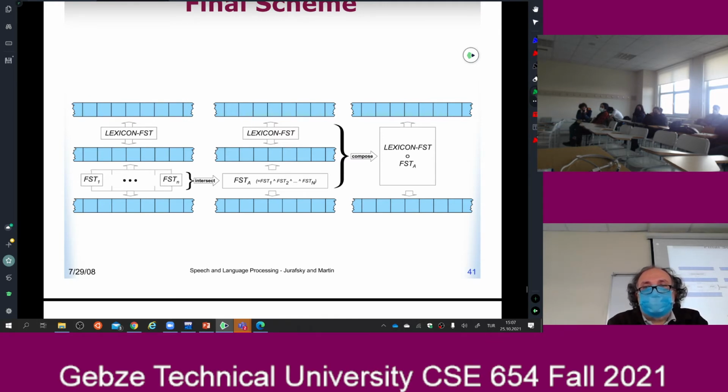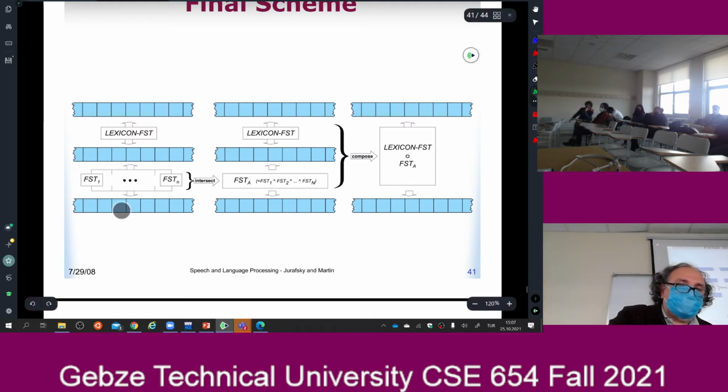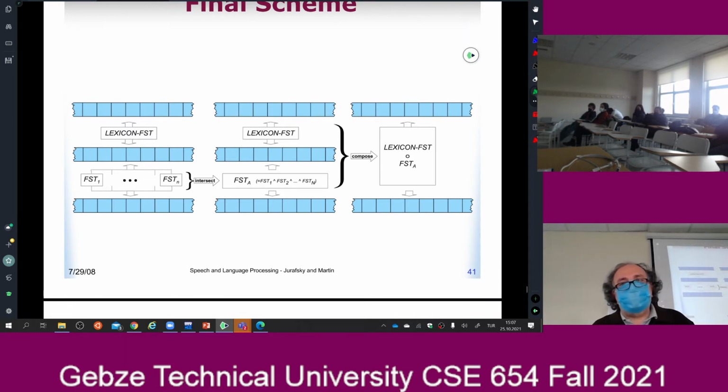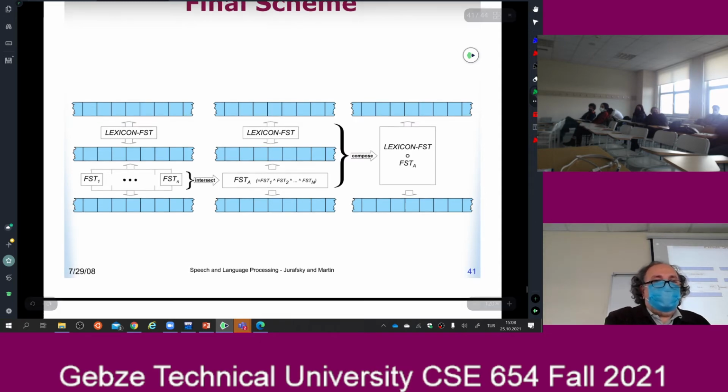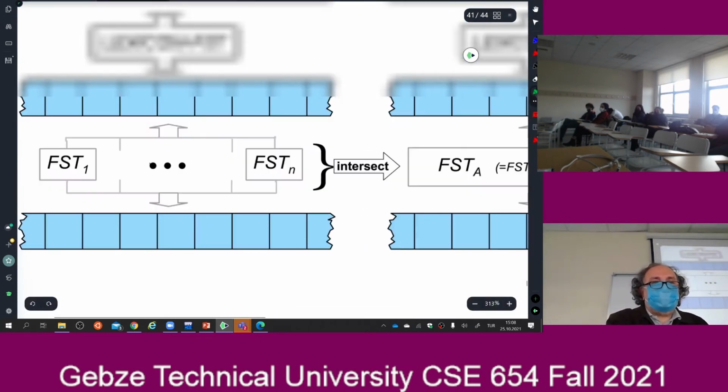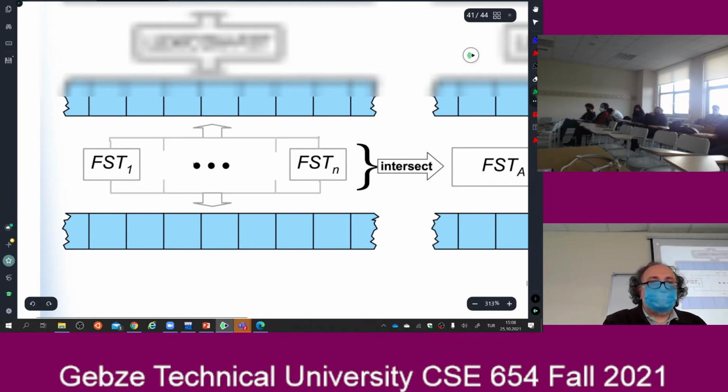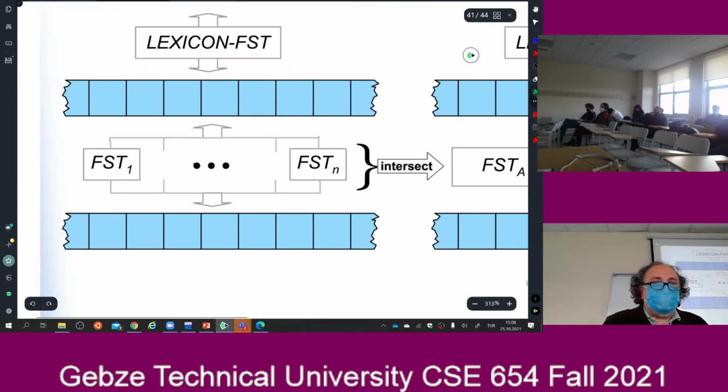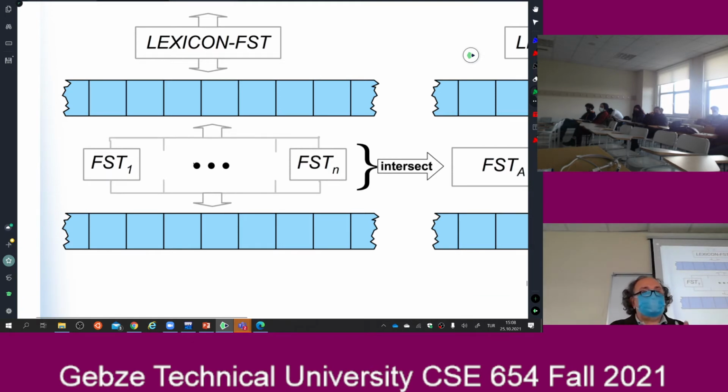Okay, so basically, when we say that one transducer works here, produces this one, and it produces this one, why don't we compose these two? If I have many orthographic rules like this, n of them, we can combine them into a single non-deterministic finite state transducer, using the rules that I showed you in the previous lecture.